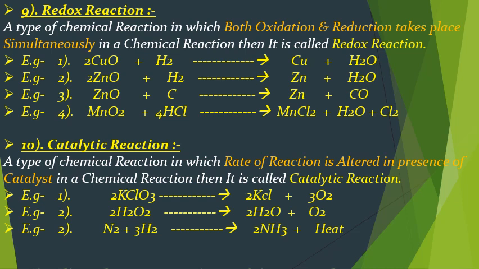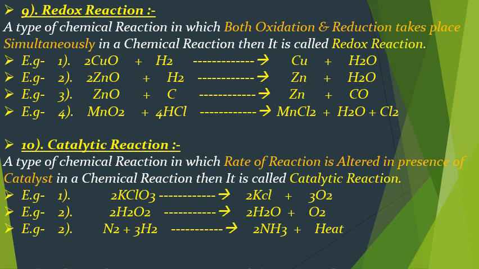Catalytic reaction: a type of chemical reaction in which the rate of reaction is altered in the presence of a catalyst is called a catalytic chemical reaction. During a chemical reaction, it may be slow or fast with the presence of a catalyst, such as molybdenum, iron, or phosphorus pentoxide.